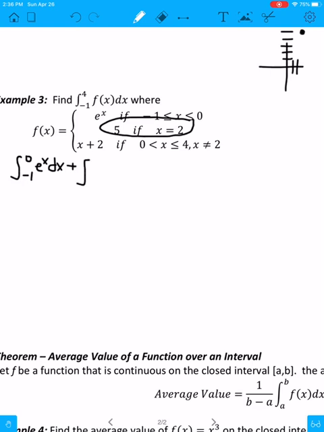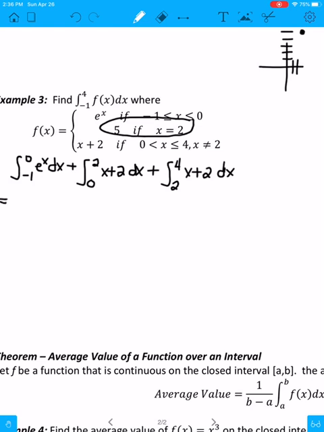So we're going to go from 0 to 2, inclusive of the x plus 2 graph, x plus 2 dx. Plus, now we have to go from 2 to 4, and that's still the x plus 2 graph. So we're going to do them separately so we show that there actually was a 2 coordinate in there.